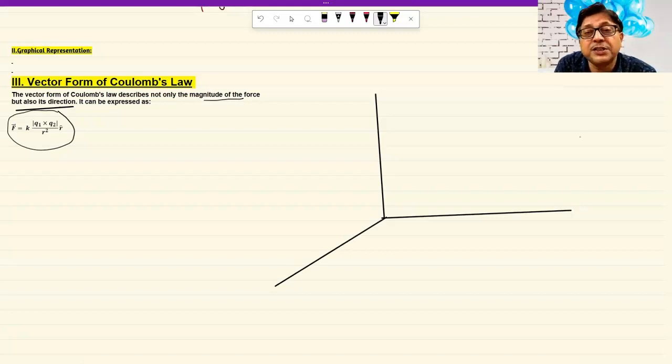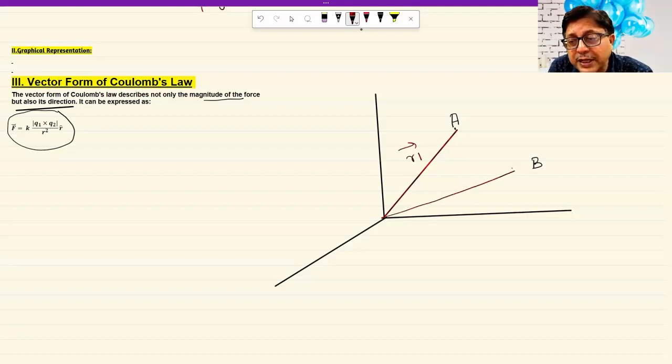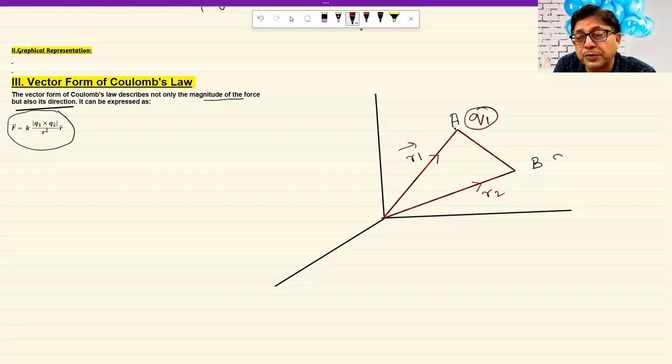Two charges are situated at 2 points, one at A, the other at B. The position vector of point A is taken as R1, and the position vector of B is taken as R2. Now join these two. Here there is charge Q1 and this is charge Q2.